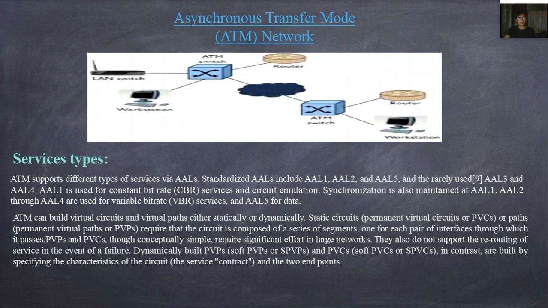ATM can build virtual circuits and virtual paths either statically or dynamically. Static circuits, or permanent virtual circuits, PVCs, or paths, permanent virtual paths, PVPs, require that the circuit is composed of a series of segments, one for each pair of interfaces through which it passes.